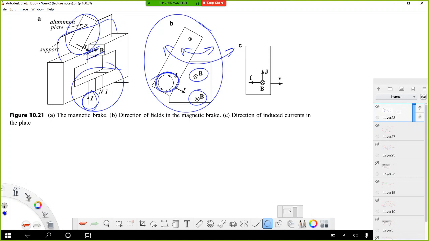And as the pendulum moves on, current is generated, and inside our plate some power is dissipated, and this energy is used to decrease the movement of the pendulum.